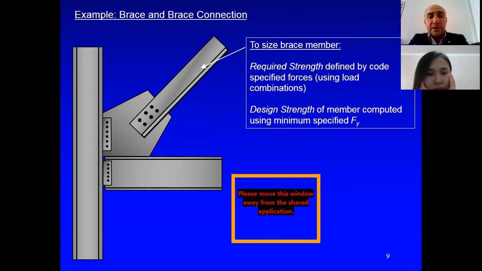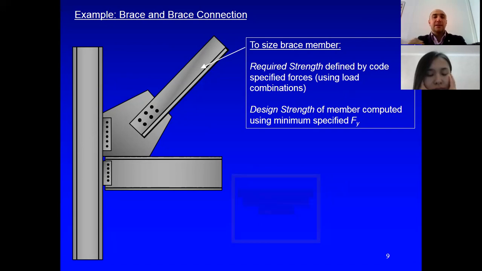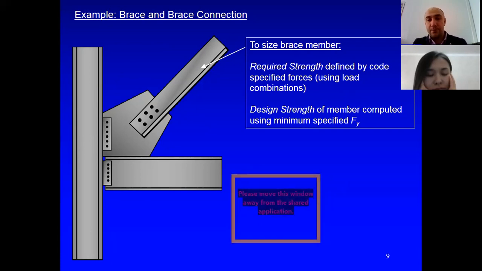Note that while the average actual yield stress will be greater than the minimum specified value, it is still possible to have the minimum specified value.